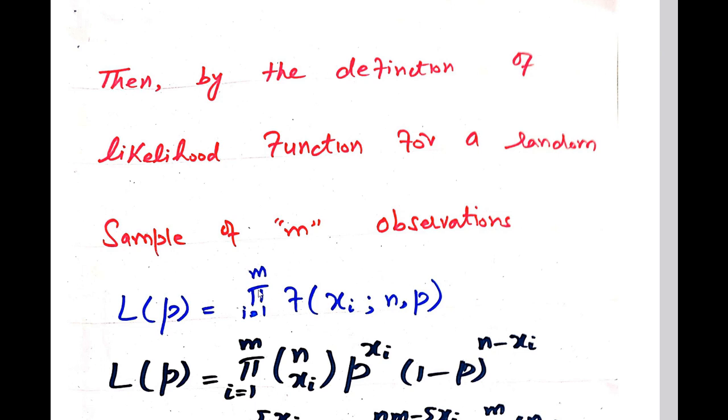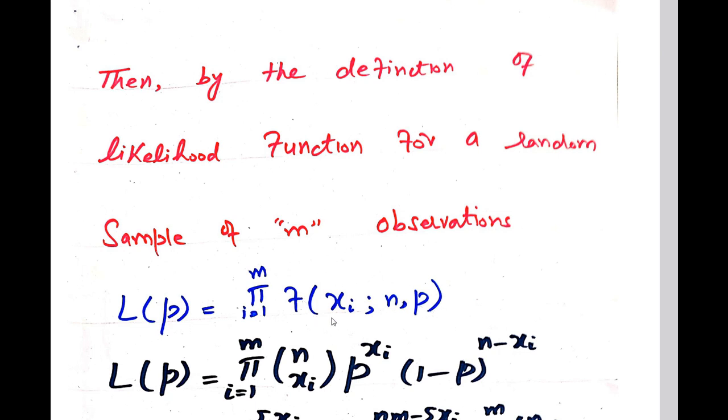For addition we use the sigma sign. So by the definition, the likelihood function is the product for i varies 1 to m of f(xi), where xi is the random variable, and n and p are the parameters of the binomial distribution.